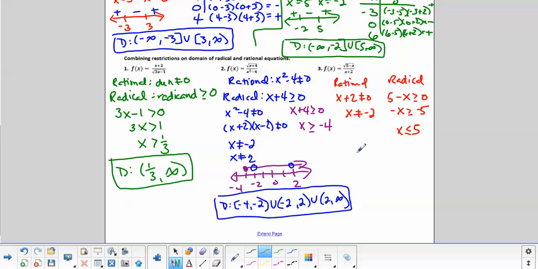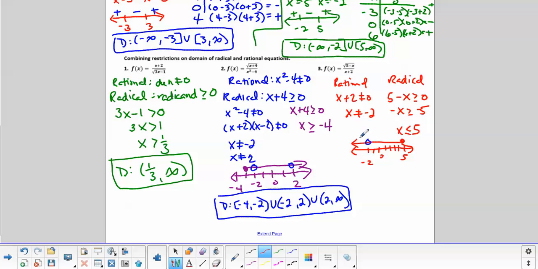So on your number line, if you have 0, 1, 2, 3, 4, 5, and negative 2, x is less than or equal to 5, except not negative 2. So we want to write this in 2 different pieces.